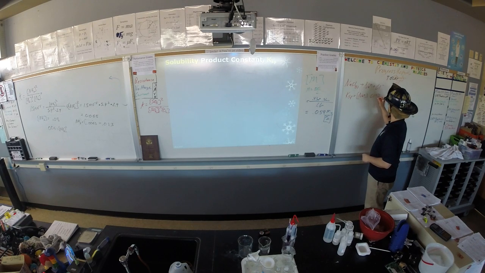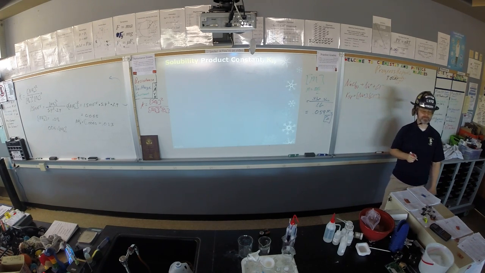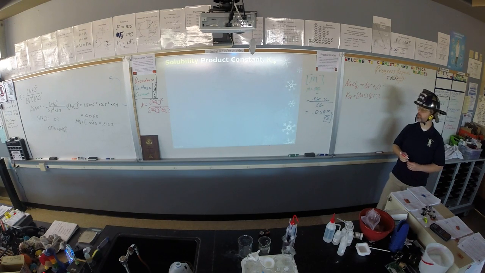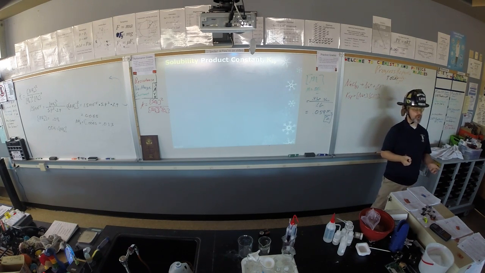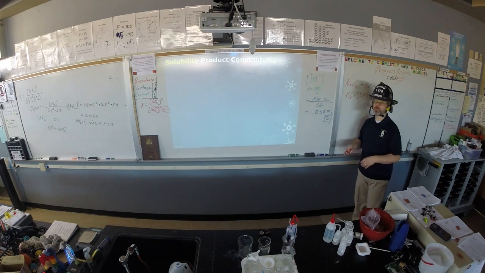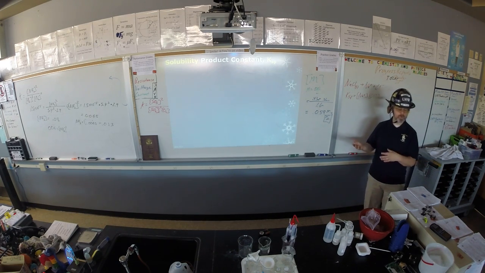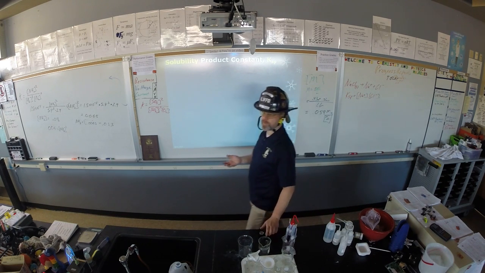Concentration of the chloride, right. And what else? Over nothing. Because remember, solids don't show up in the equilibrium expression. So it's over nothing. There's nothing but solids as a reactant.